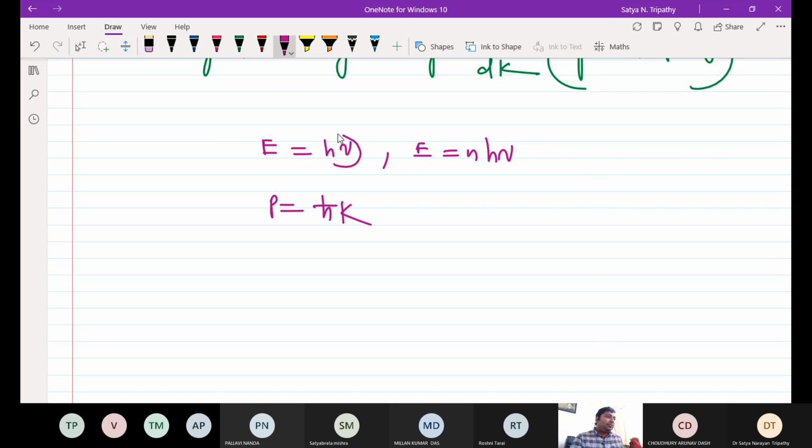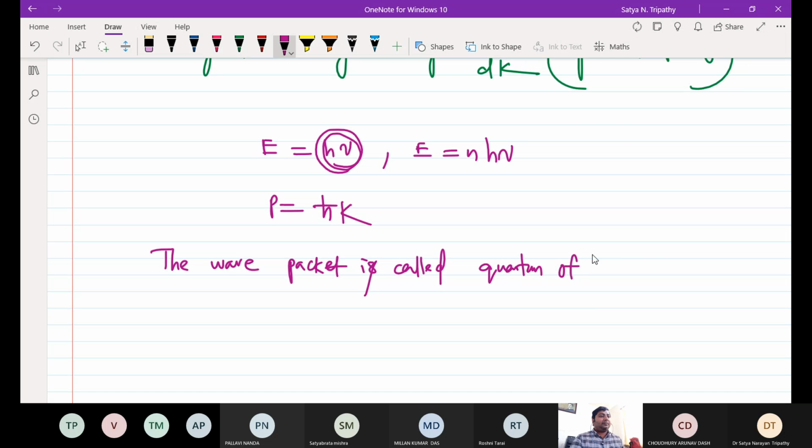So this h nu, this wave packet, is called the quantum of light. This is the smallest possible, but you have to make sure they go from 0 to infinity, the integral of e to the power minus ikx dx.